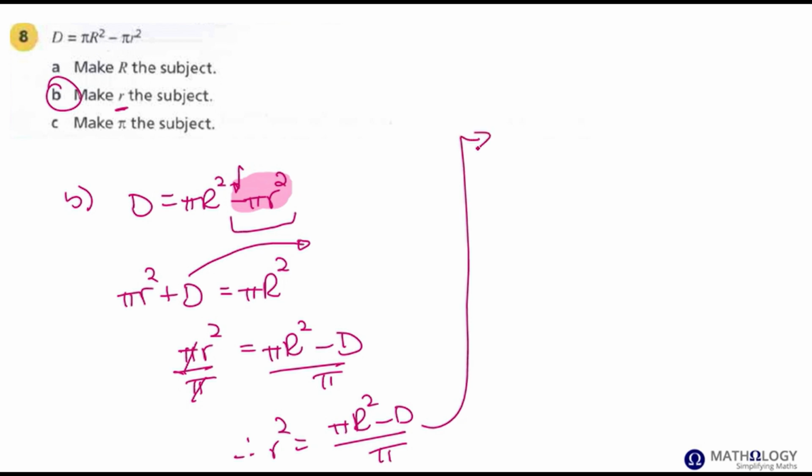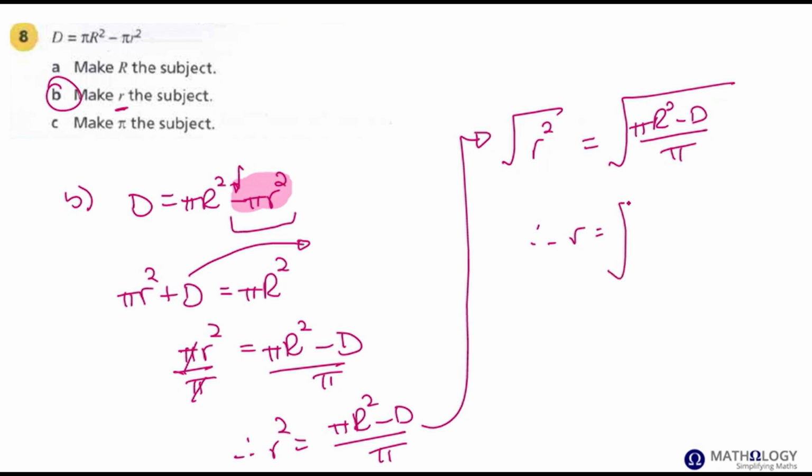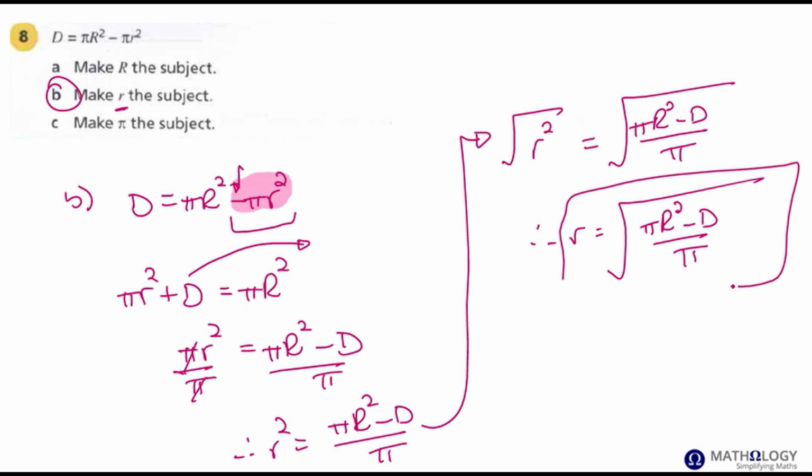Now we are going to square root both sides because we have a square on the left. So r equals the square root of (pi uppercase R squared minus D) divided by pi. Lowercase r is now the subject of the formula.